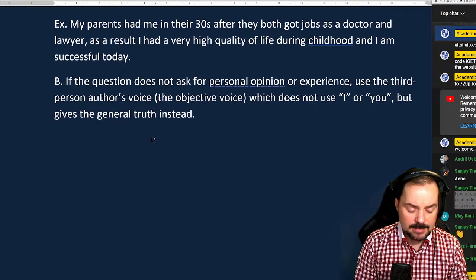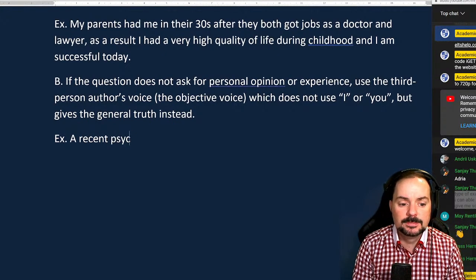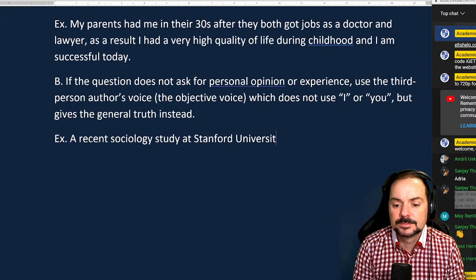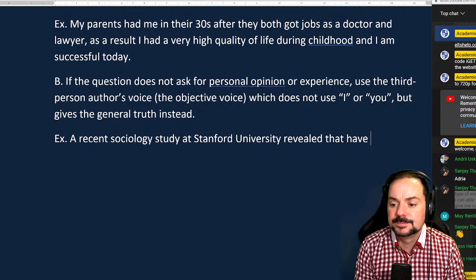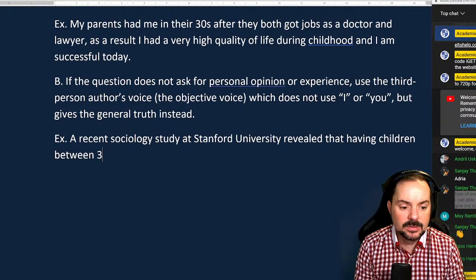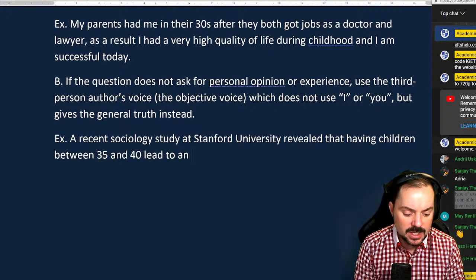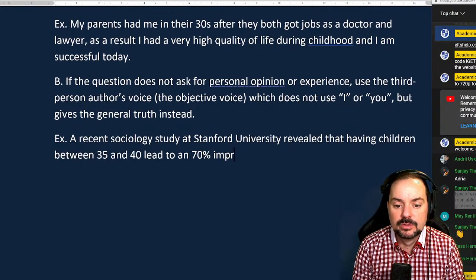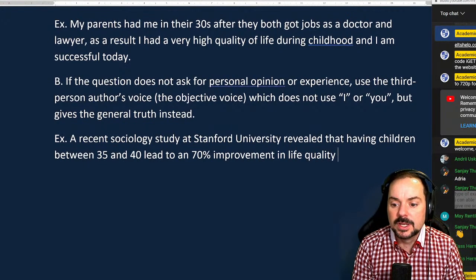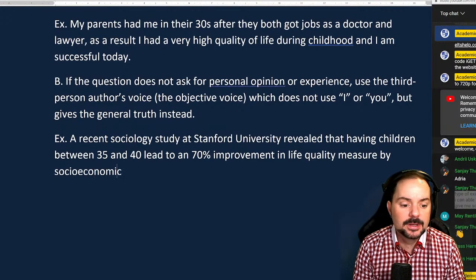So you could, for example, do something, Sanjay, like a recent psychology or sociology study might be a little bit better here at Stanford University revealed that having children between 35 and 40 leads to a 70% improvement in life quality measured by socioeconomic status.